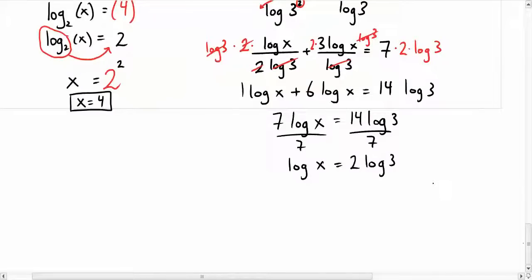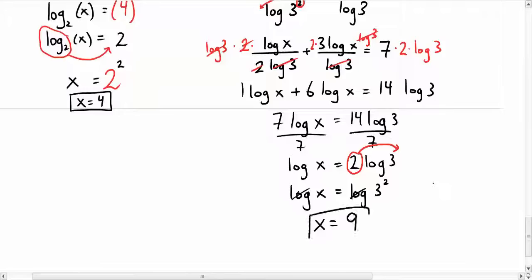I'm sorry if you're running out of space. So now again, I could solve this without using a calculator by moving the 2 back inside, to make one single log in the same base on each side, which can finally cancel, leaving x equals 9.